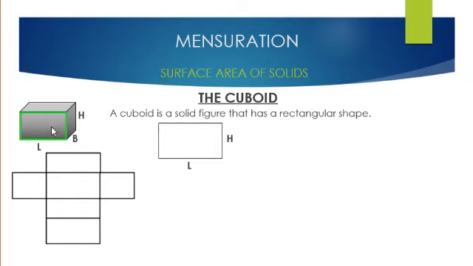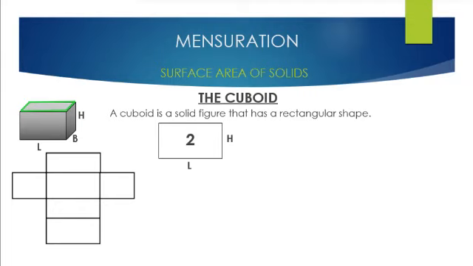Then this distance from here to here is the what? Height, right? Yeah. Now, we said that there are only 3 kinds of rectangles. So, our face is the same as our back, right? So, we multiply this rectangle by 2. So, there are 2 of this rectangle in a cuboid. Or simply, when we find the area of this rectangle, we're finding the area for the face and the back.